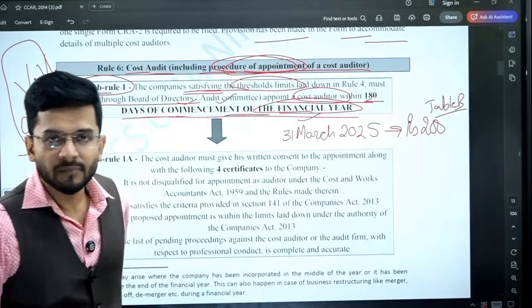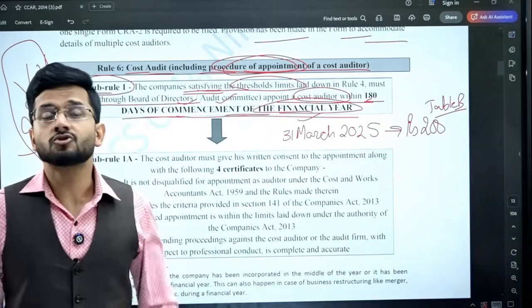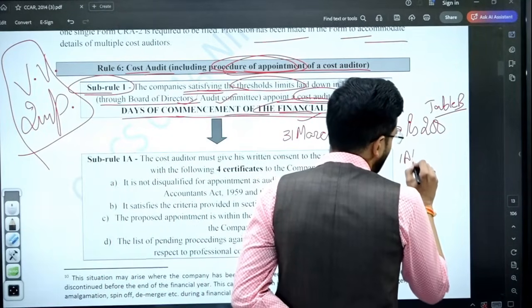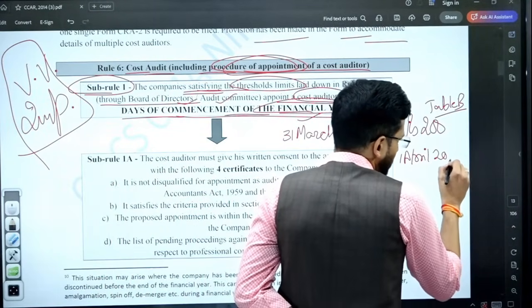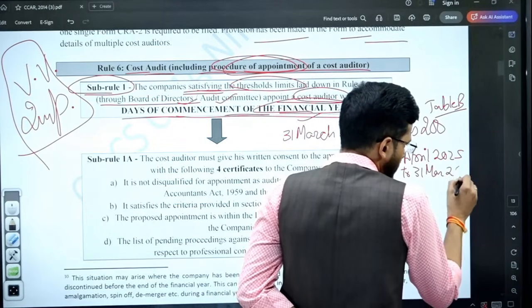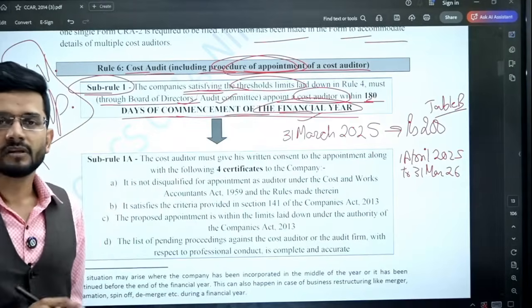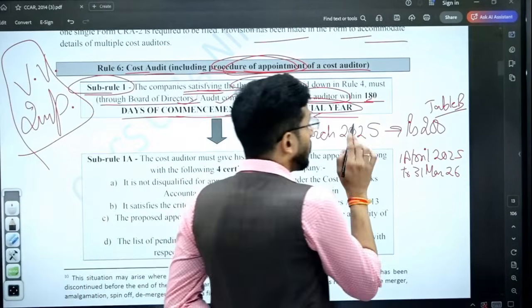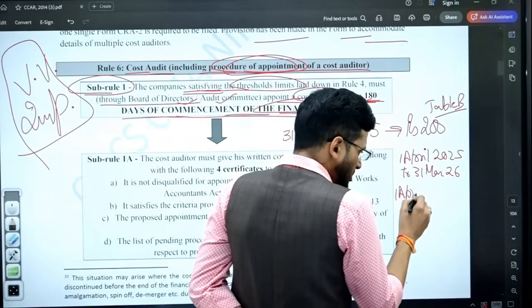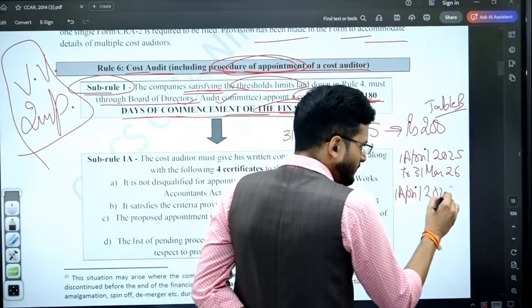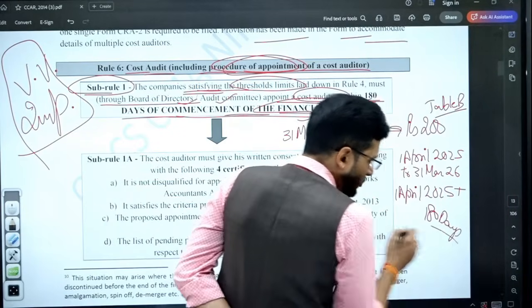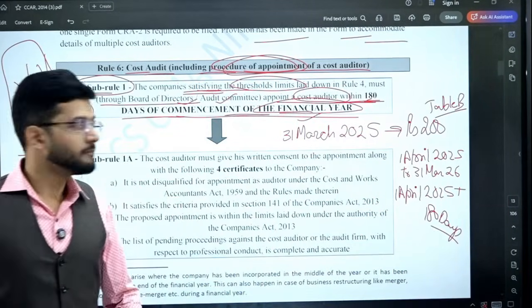Obviously cost audit is required to be done for the next year, 1st April 2025 to 31st March 2026. Till what time should the cost auditor be appointed? 180 days from commencement of the financial year. So to 2025, you add 180 days, and then you find the timeline for appointment of cost auditor.